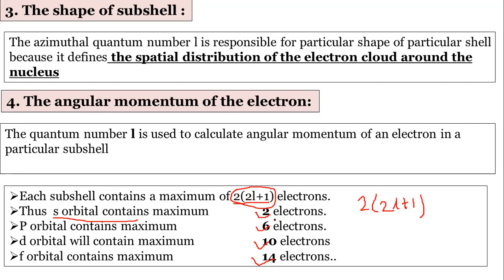Now tell me for this S subshell, what is the value of L? 0. So 2 into 0 is 0. 0 plus 1 is 1. So 2 into 1, it will be 2. Now for p orbital, what is the value of L? It will be 1. So 2 into 1 is 2. 2 plus 1 is 3. 3 into 2, 6. So 6 electrons.